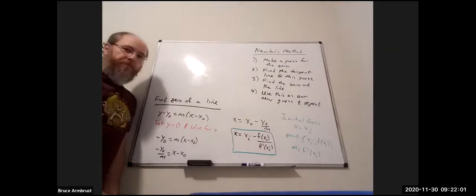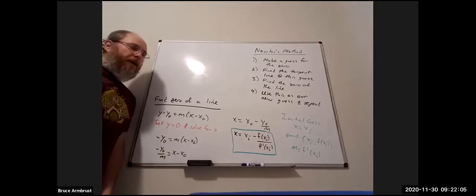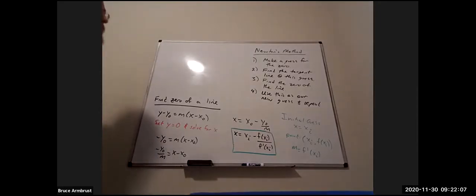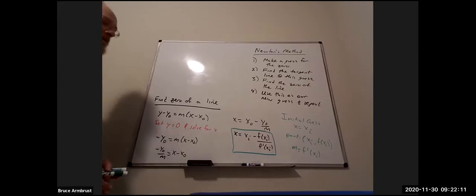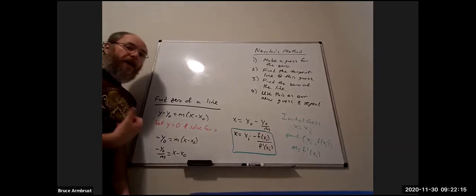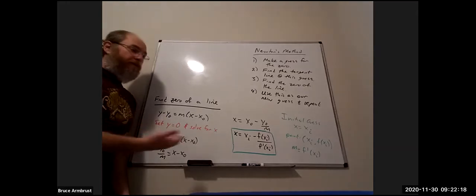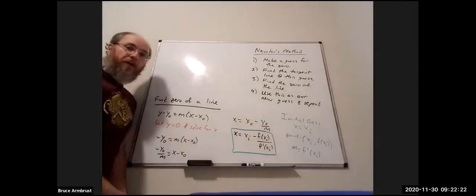All right, so let's try it out. Let's see how this works. Let's take a function and see if we can find the 0. Now, this is going to require technology. We are going to need a calculator, computer, or something like that to run these numbers. Need to is a strong word.